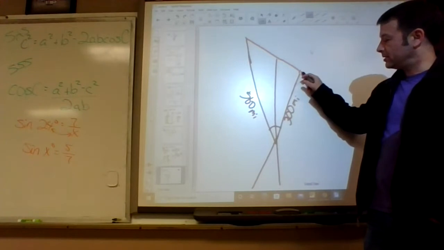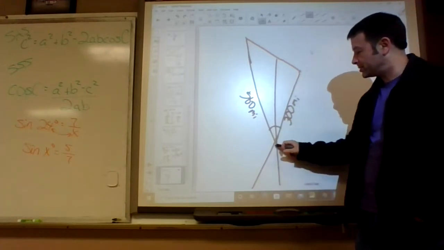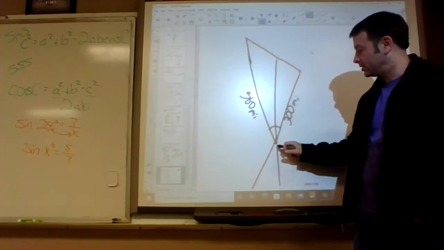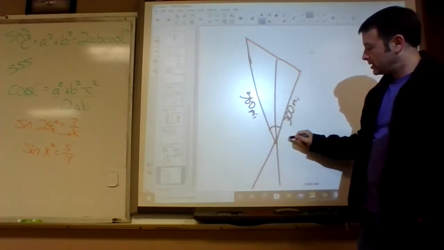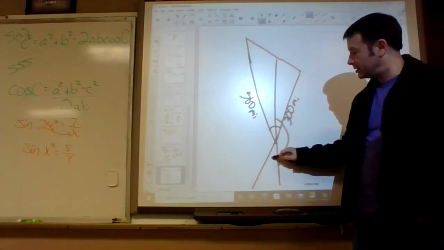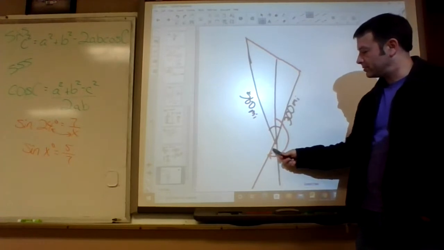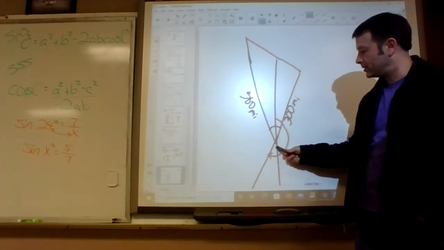So I extended this line right here that the first plane was on, even though it stopped here and went in a different direction. This was a 200-degree angle right here. So what is this gap right here going to be?